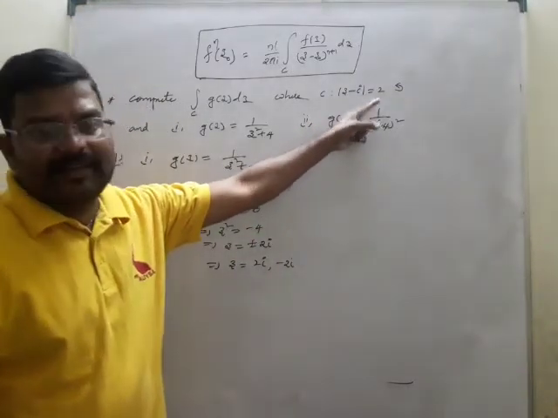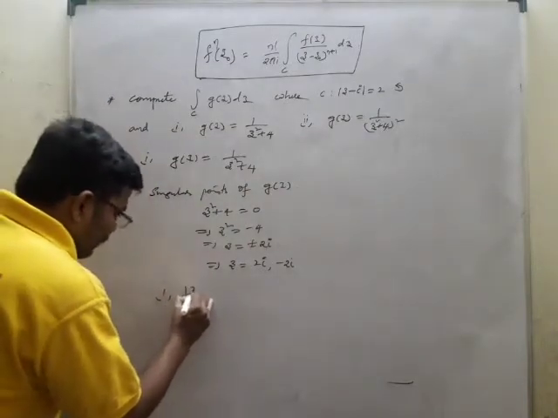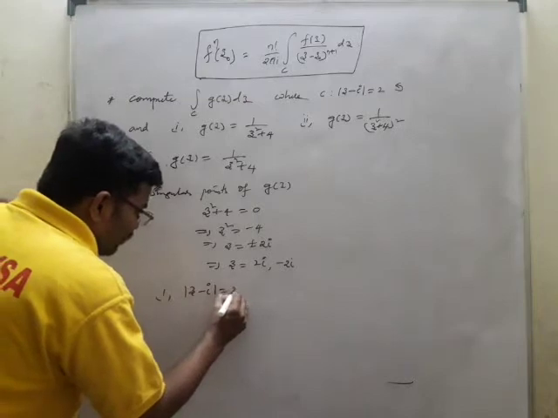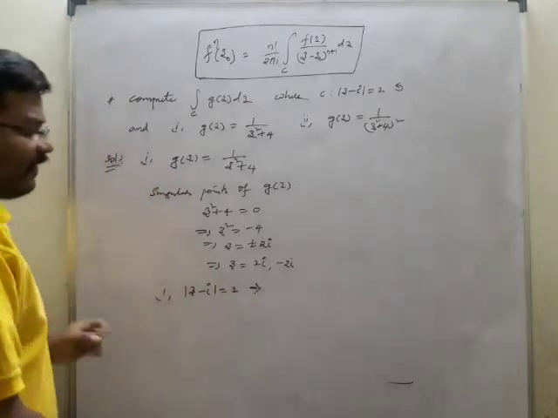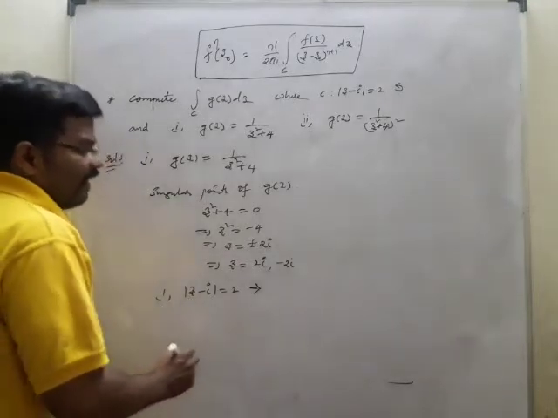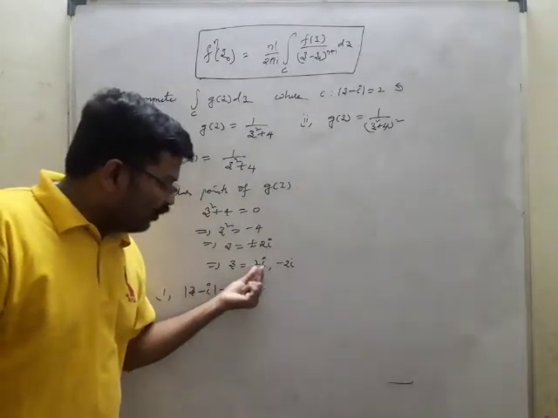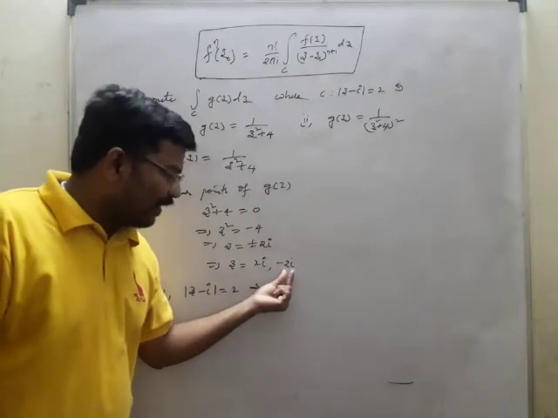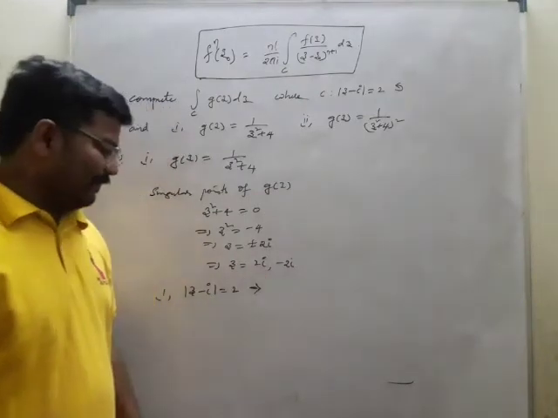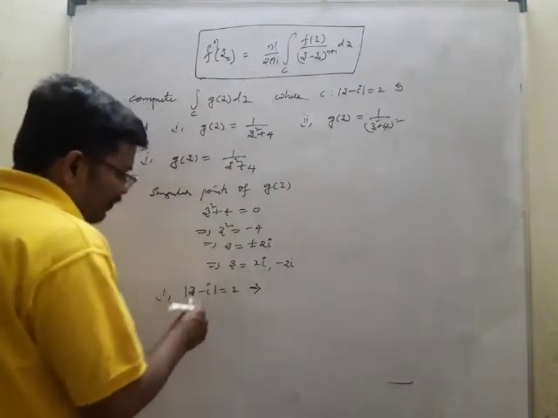Mod z minus i is equal to 2, it is given. Now I'm trying to find which of 2i and minus 2i lie in the region. So first we'll take 2i and substitute here.